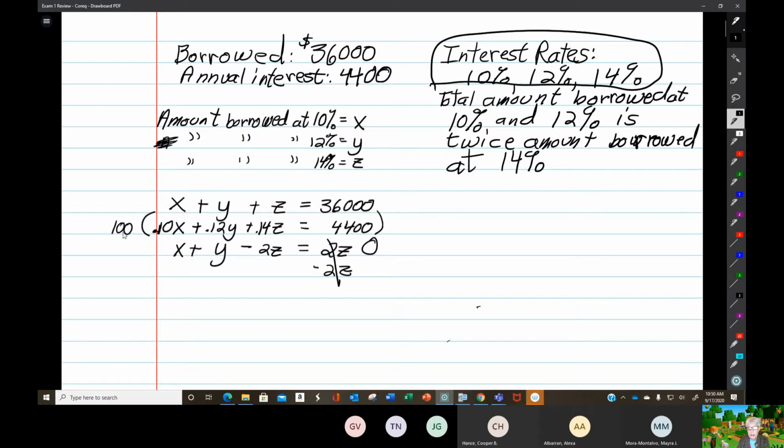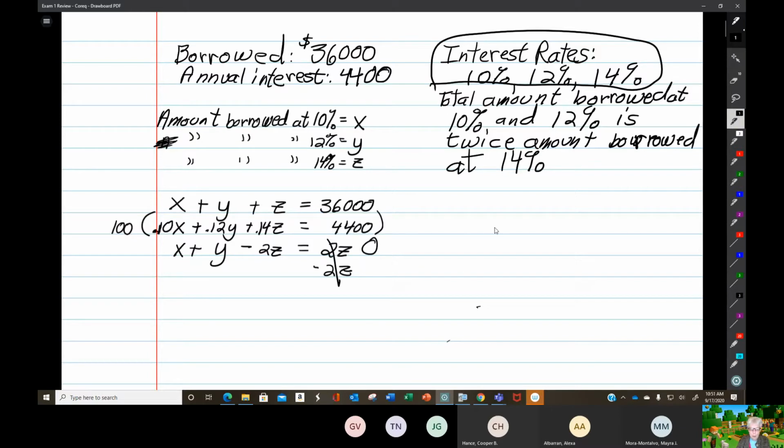When I multiply 100 times 0.10, that'll be 10. And when I multiply 100 times 0.12, that'll just be 12. And when I multiply 100 times 0.14, that will be 14. Yeah, and it's going to make 4,400 a lot bigger too.